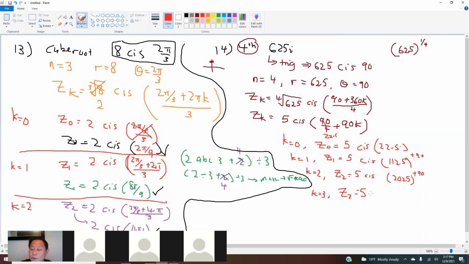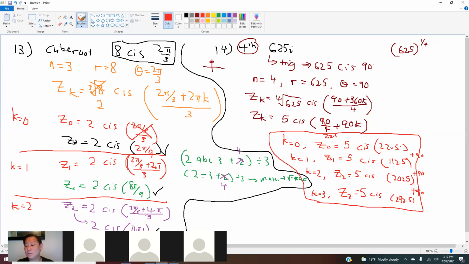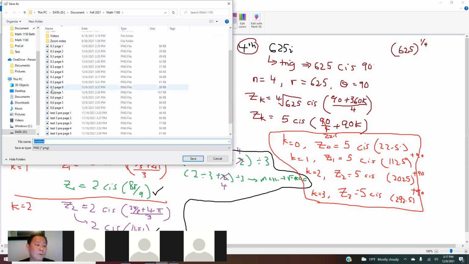You can still do it, but as I mentioned, in your test I will want everything in degrees. So for the last one, again, you add 90, so you get 292.5. So this is your answer for question number 14. You have 4 answers: 5 CIS 22.5, 5 CIS 112.5, 5 CIS 202.5, and 5 CIS 292.5. Again, do not use CIS in your homework. They don't like it.